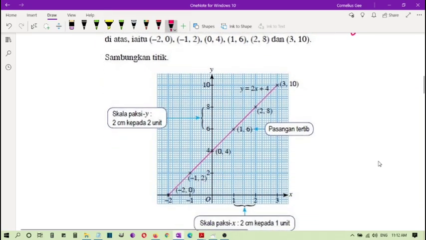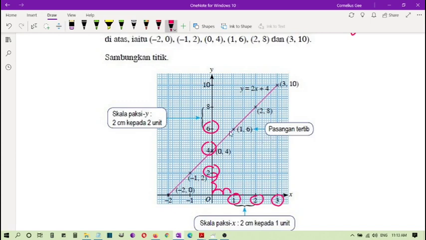So you can see on the x-axis, every 2 cm, the unit goes 1, 2, 3. On the y-axis, every 2 cm is 2, 4, 6.